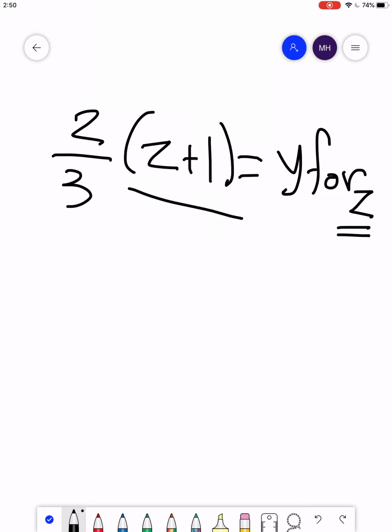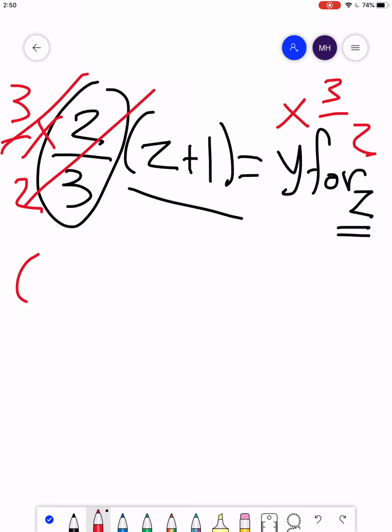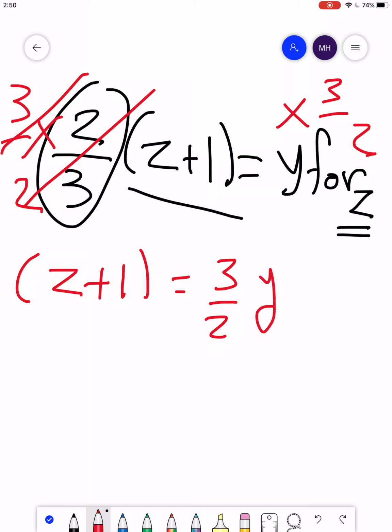First of all, I want to remove this fraction, so I multiply both sides by the reciprocal of the fraction, by 3 over 2, and this side multiply 3 over 2. Here this will cancel this, then we'll have z plus 1 equals 3 over 2 y.